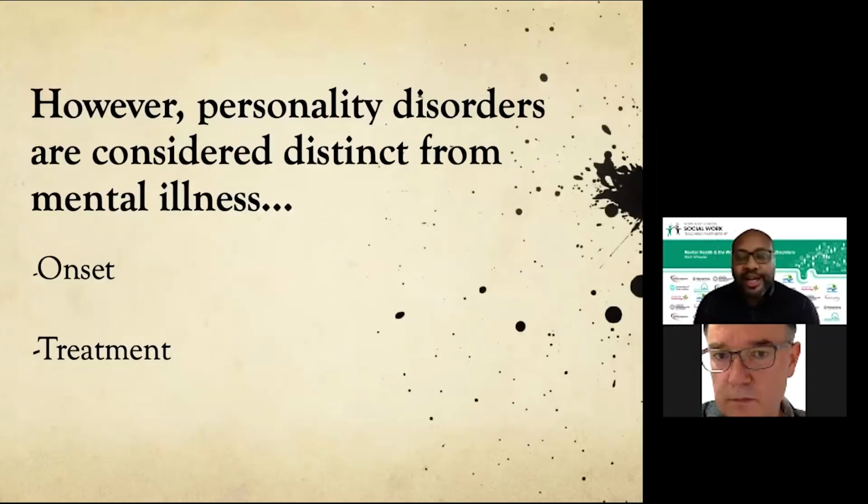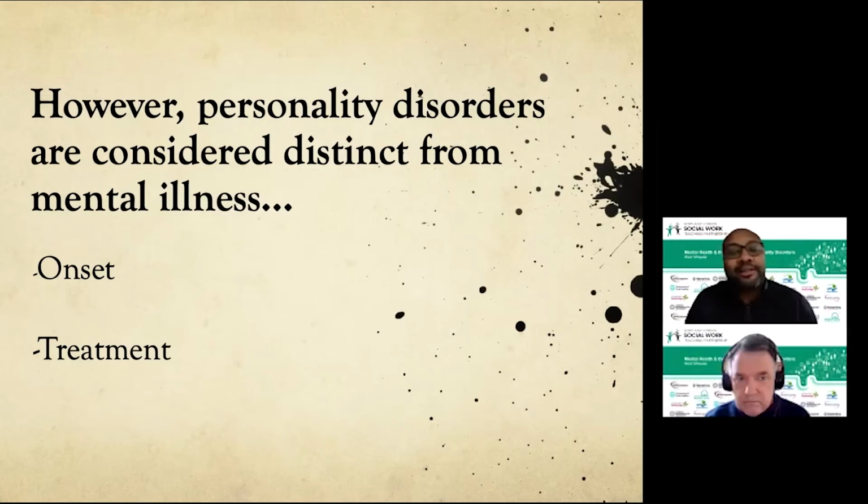So personalities, I think, although they're included in the Diagnostic and Statistical Manual and they're part of the ICD, are distinct from mental illness based on their onset and their treatments. Within the UK, we operate, historically since about the 1980s, with a very distinct biomedical way of looking at psychiatric illnesses.